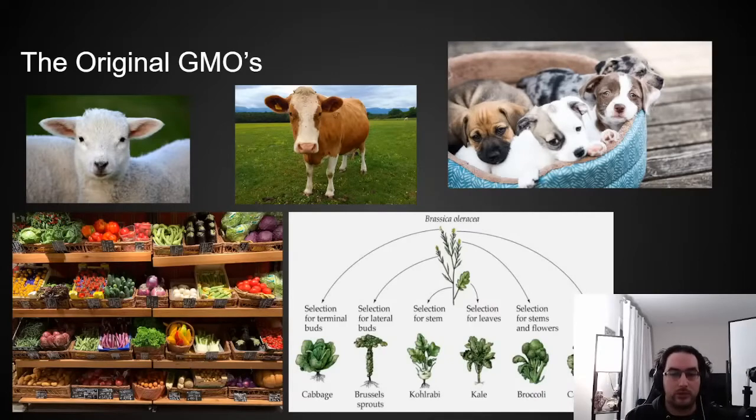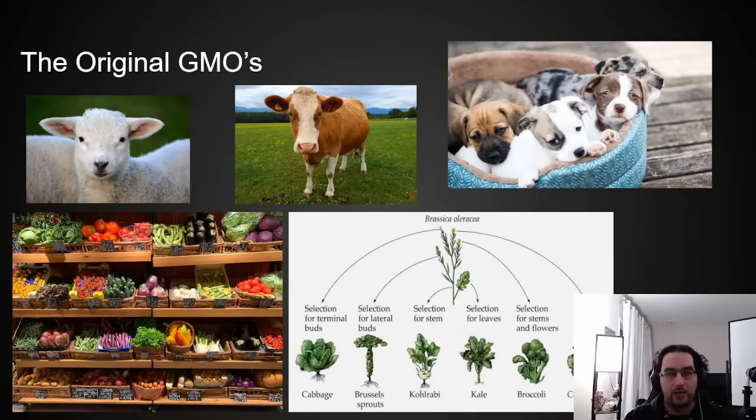So Brassica oleracea started as a mustard, basically. And that mustard was found by different populations of humans, and they just started breeding it for whatever they wanted it for, which is either terminal buds, lateral buds, stem, or leaves.